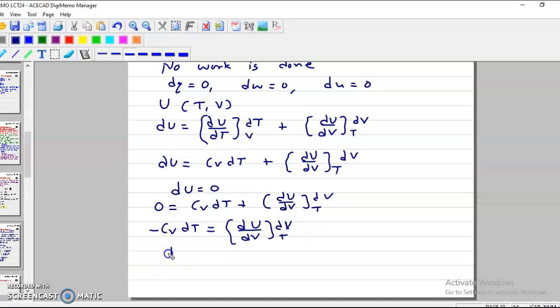So we write dU upon dV at constant temperature is equal to minus Cv into dT upon dV at constant internal energy. So this can be an expression of heat capacity when expansion of gas takes place in vacuum. That's it in this lecture. Thank you so much.